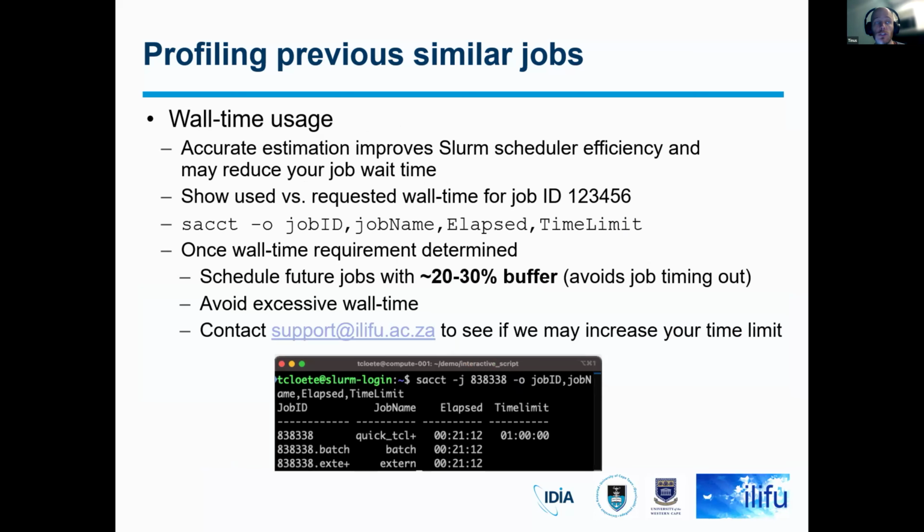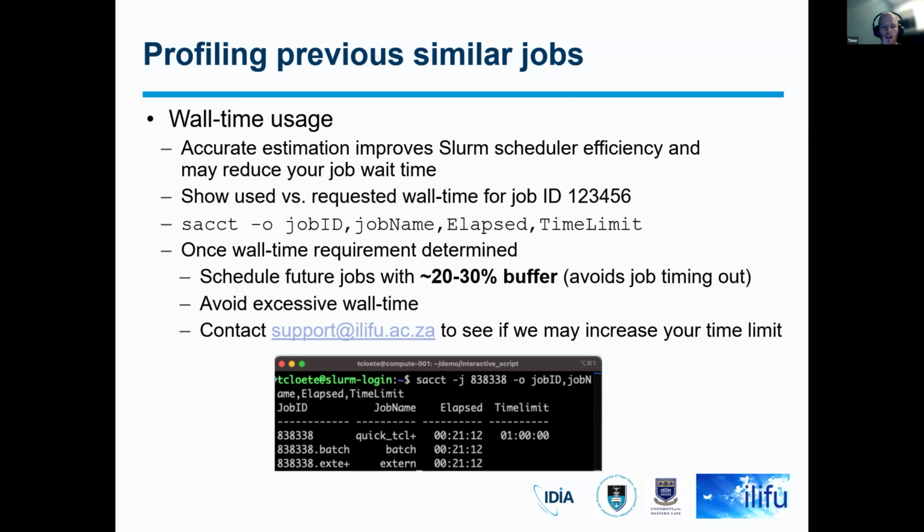Now, the other resource class is obviously your wall time. This is the maximum amount of time that your job is allowed to run. So what you can do here is monitor the elapsed field or column in Slurm, which tells you how long a job ran, and then the time limit is the wall time, or the maximum time that you specified that the job is allowed to run.